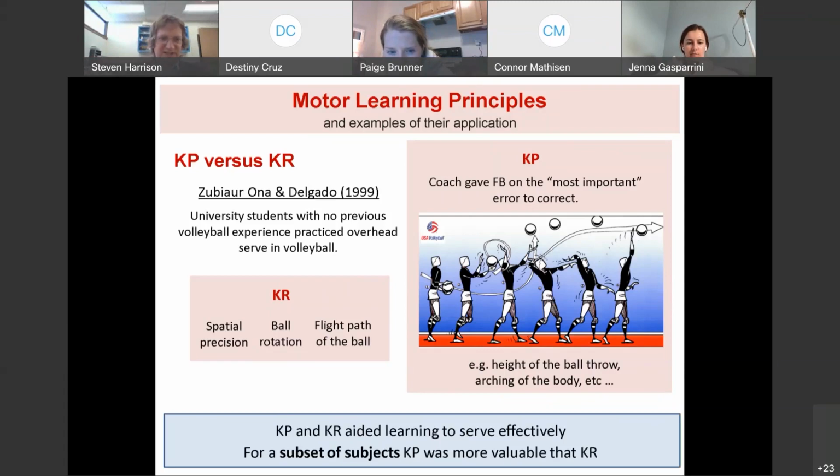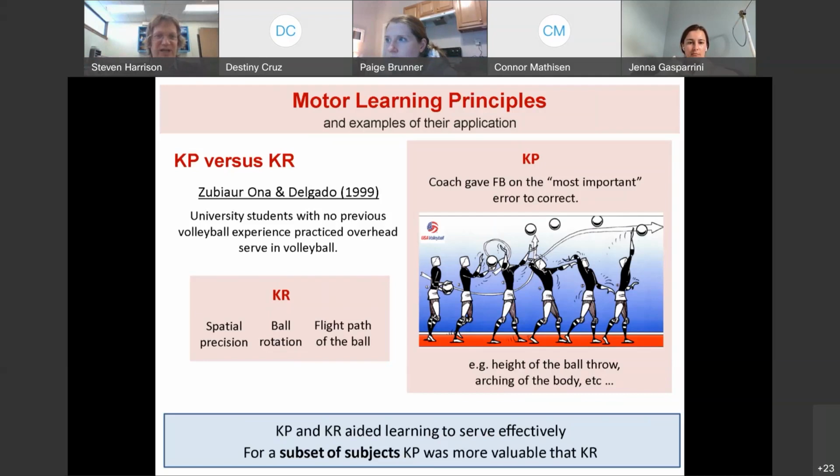In this particular study, they saw that both knowledge of performance and knowledge of results aided learning to serve effectively. They both had value. But they also found that for a subset of the players being trained, knowledge of performance was significantly more valuable than knowledge of results.